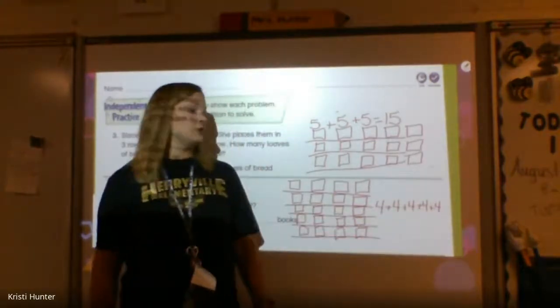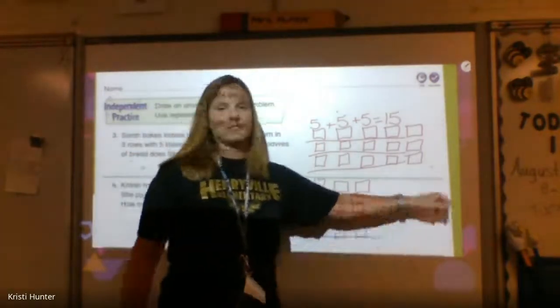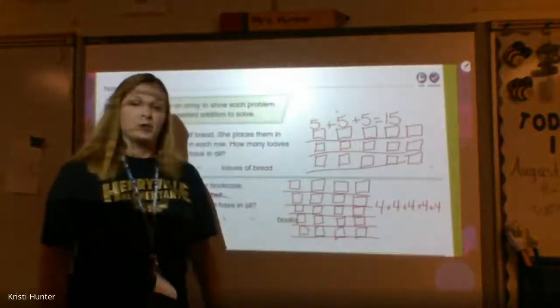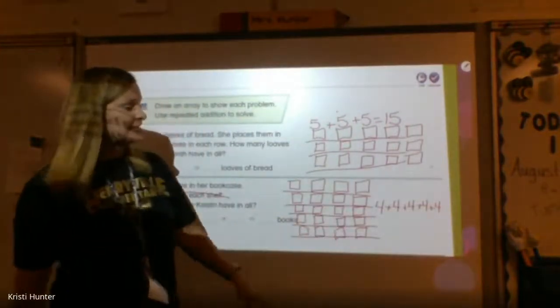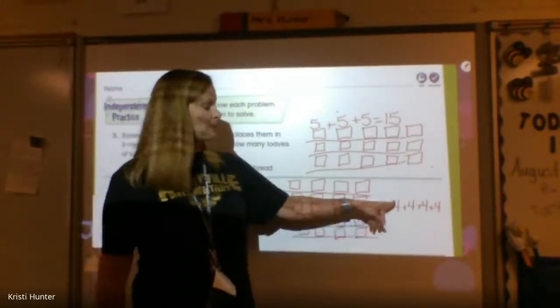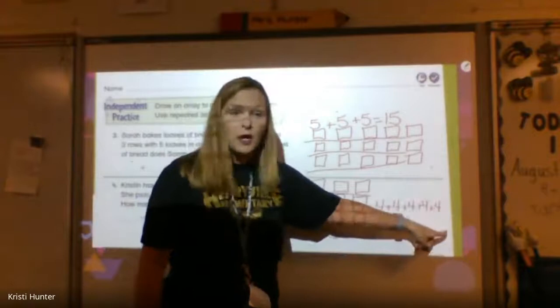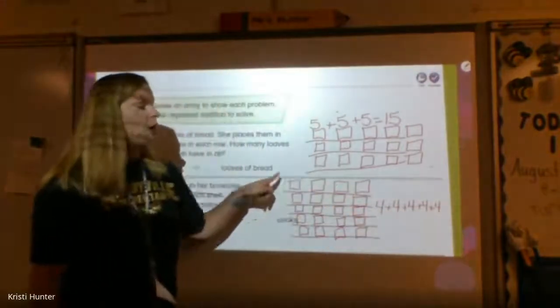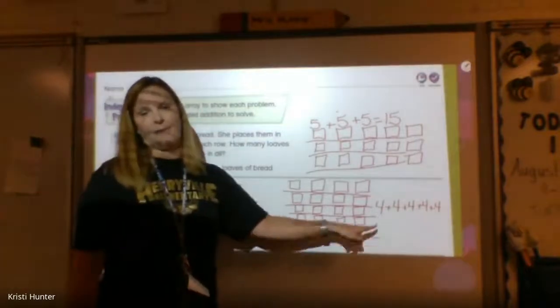We can't use 4 plus 5 plus 4 plus 5 plus 4 plus 5. We wouldn't have made an array. Okay, so now we've got some adding to do. And again, if you don't know the answer to 4 plus 4 plus 4 plus 4 plus 4, look for your doubles facts and add them up, or you can always count them up.